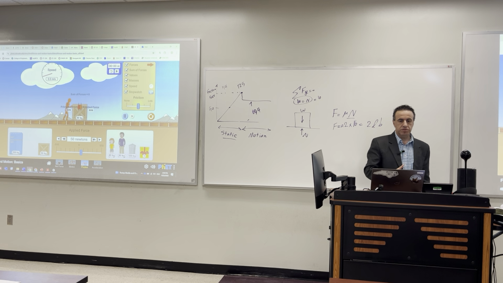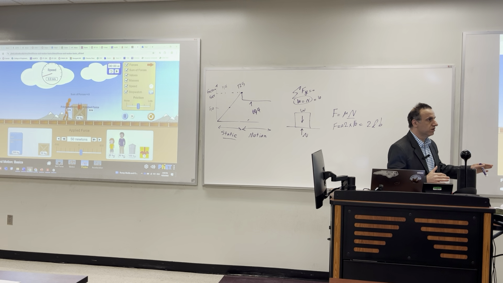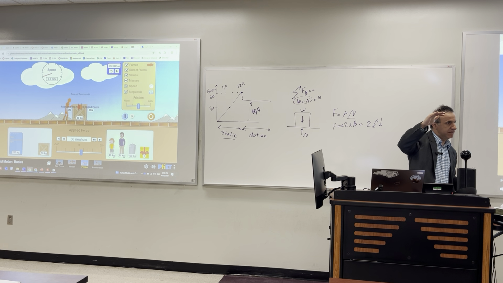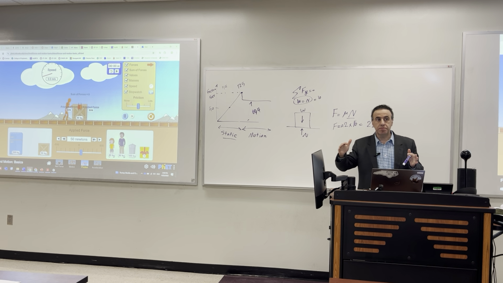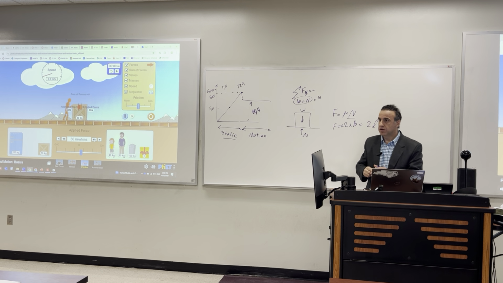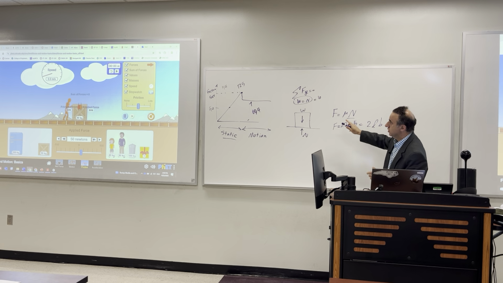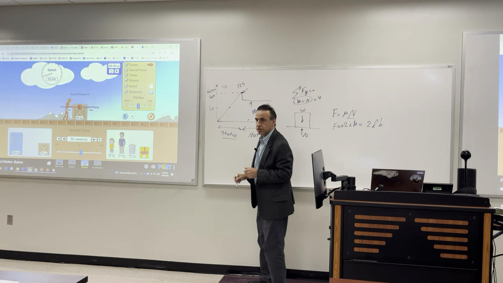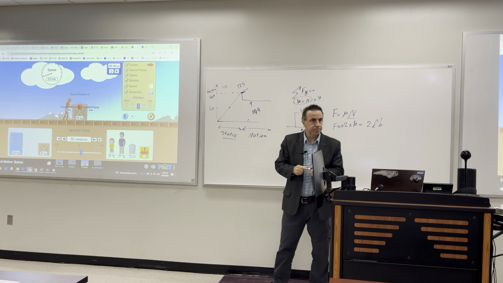What is the friction force in this situation? 50. So we are not at the maximum level yet. When we ask what is the maximum force to move the part, you have to use this equation. So the maximum force, this one gives you this value, right?